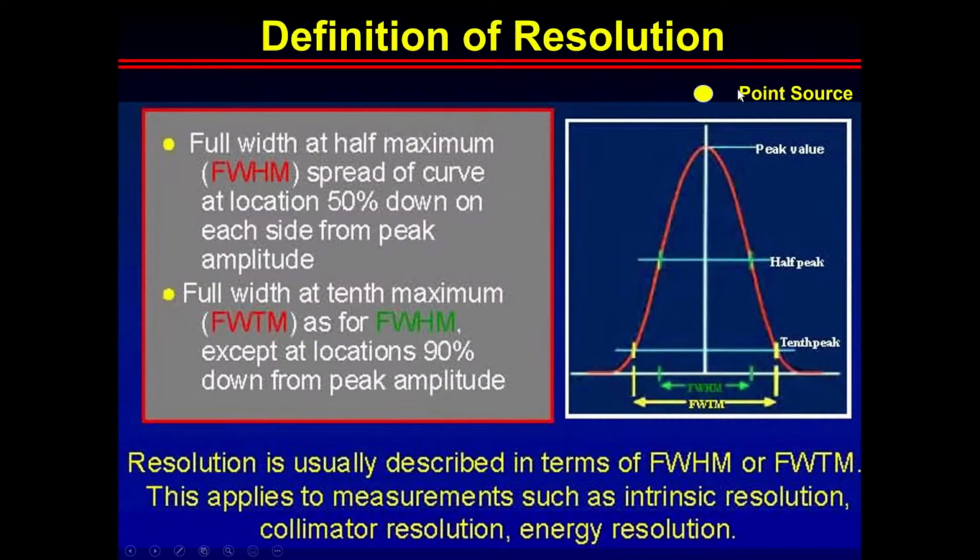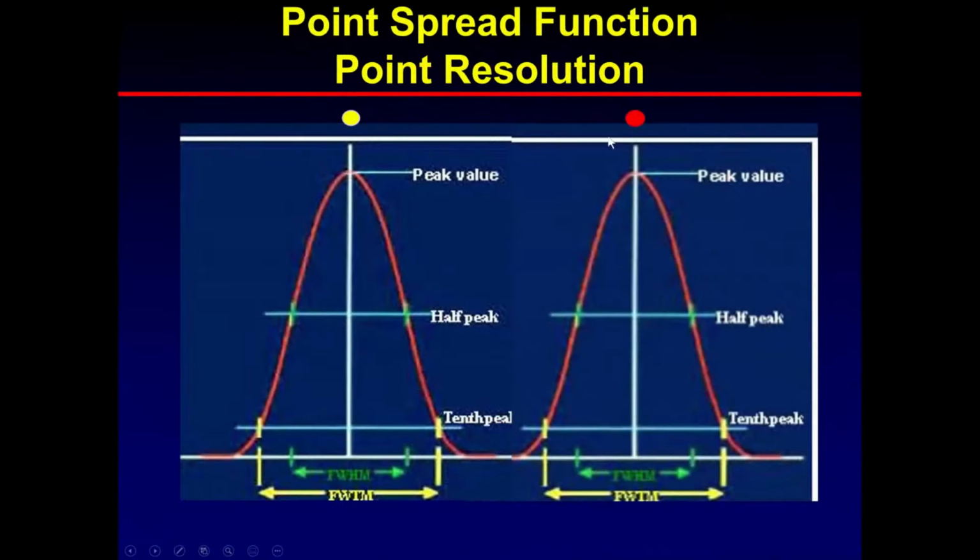And so, for instance, let's say we have a point source here. Every single point source has some Gaussian distribution of where it will be. And the half peak is what we call the half maximum. So let's just see how that might look. Here you have 2 point sources, and here's the half maximum of both of these point sources.